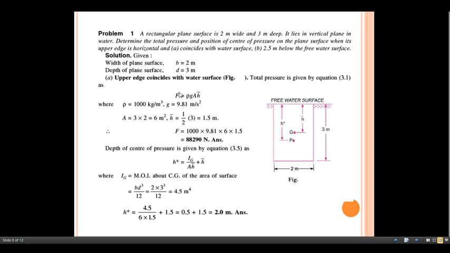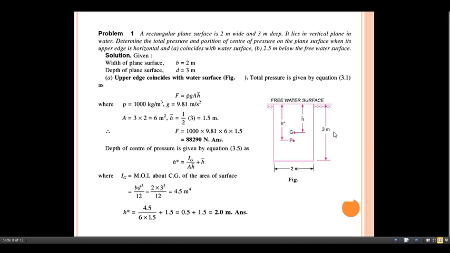Okay. So total pressure is given by this relation. We know this formula, F equals rho g into A multiplied by h bar, where the value of density rho is 1000 kilogram per meter cube and g is 9.81 meter per second square.